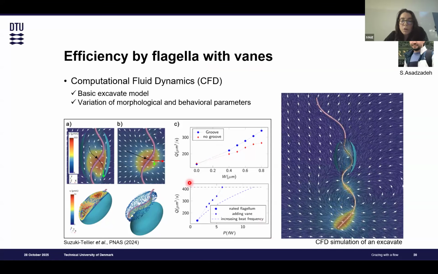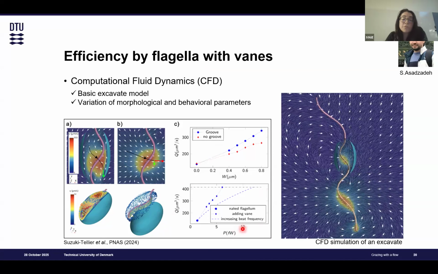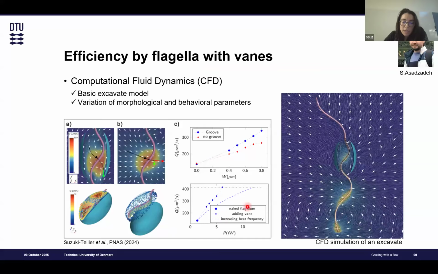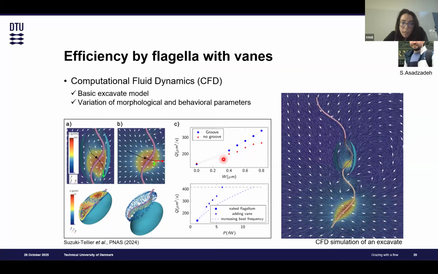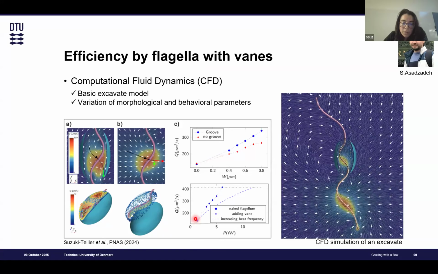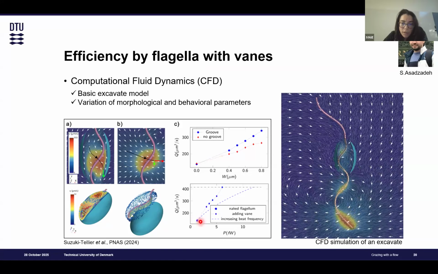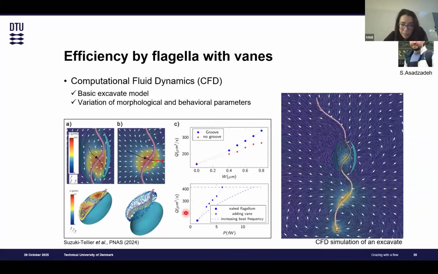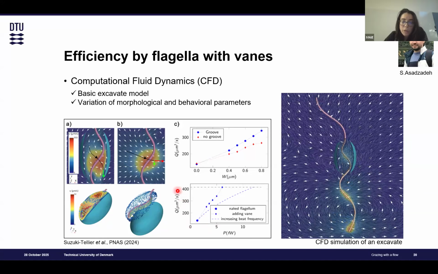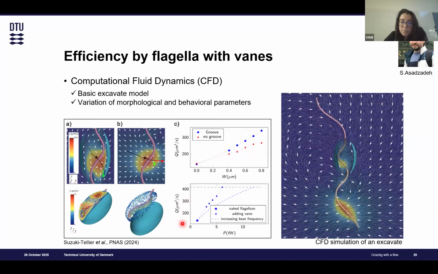I want to focus on the function of the vein that he found. If you look at this graph at the bottom, the naked flagellum is starting here at this point, and you have the clearance rate on the y-axis and the power needed to generate this clearance rate.